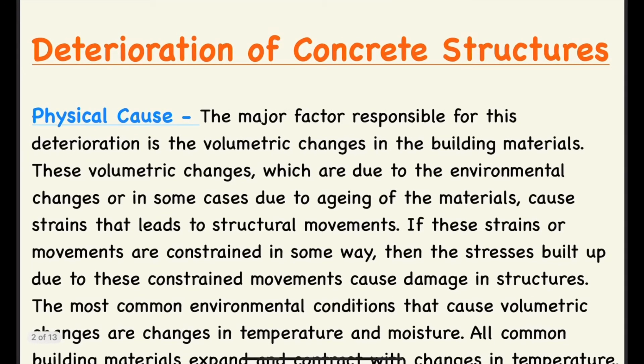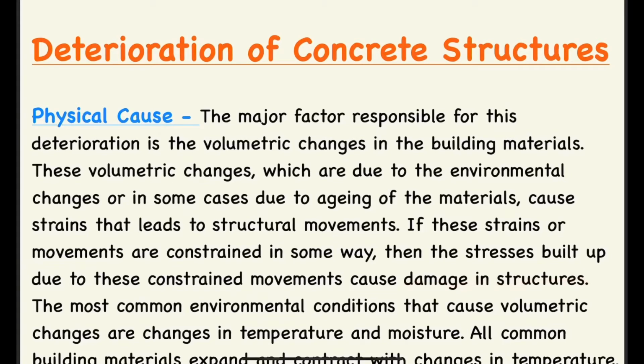So the main thing which we need to understand is that the major factor responsible for deterioration of concrete structure is volumetric change. How do these volumetric changes happen? Due to environmental changes or due to aging of materials. What does it cause? It causes structural movement, and if this structural movement is restrained in some way, then the stresses build up and cause damage to the structures.